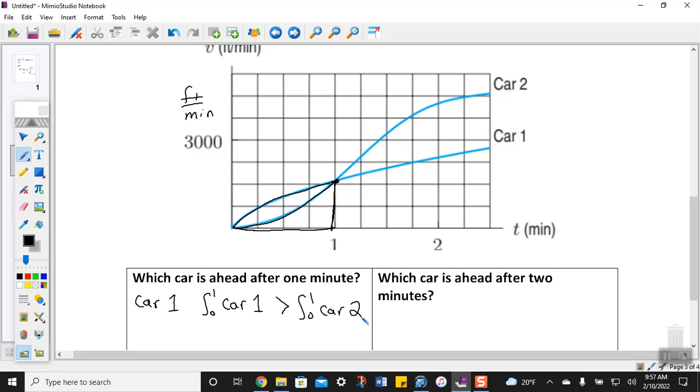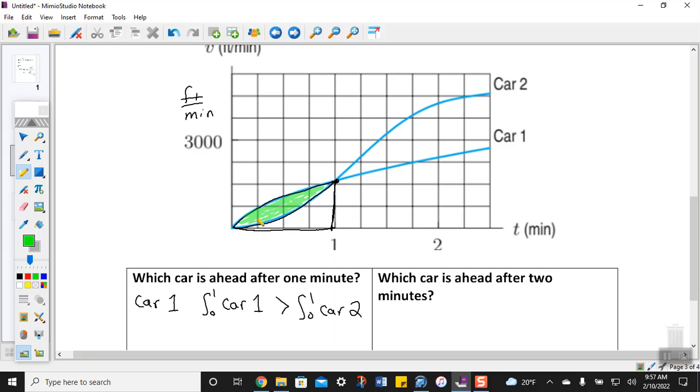Subtract the areas. And the area that would be left over would be right in here, wouldn't it? So if I could find total displacement of car 1 and car 2, this area right here would represent how far ahead car 1 is. That would represent how far ahead car 1 is after how many minutes? 1 minute, right?